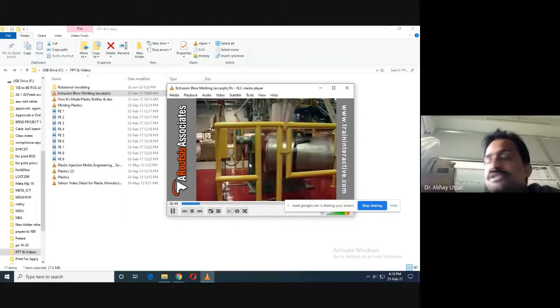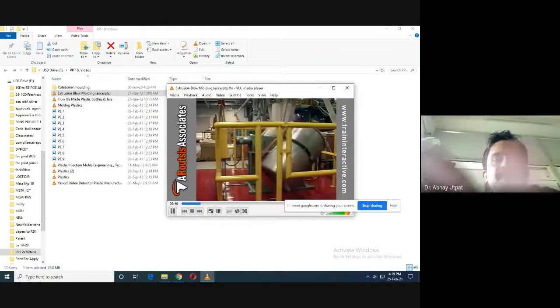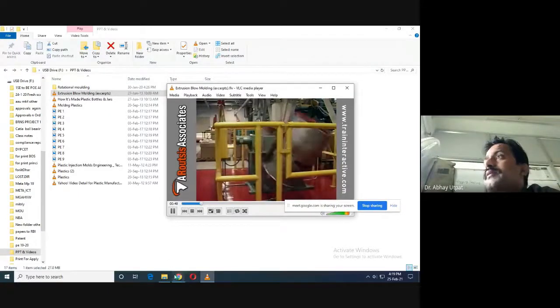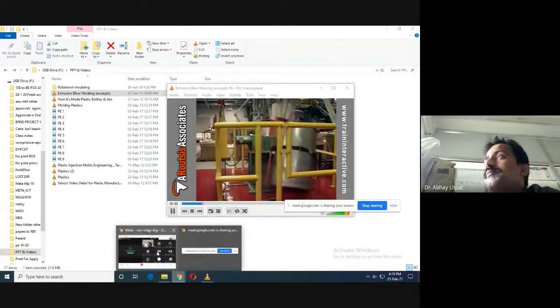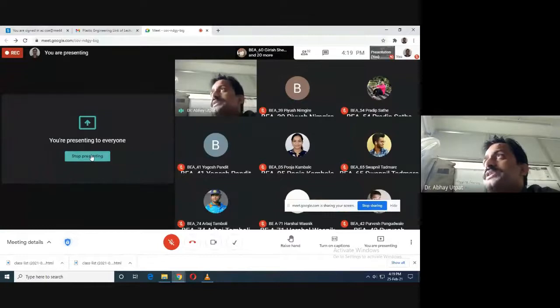Okay. So as far as this chapter, processing of plastic mold, is concerned, we are going to study the different plastic molding processes, out of which these first three: injection mold, extrusion mold, then blow mold.